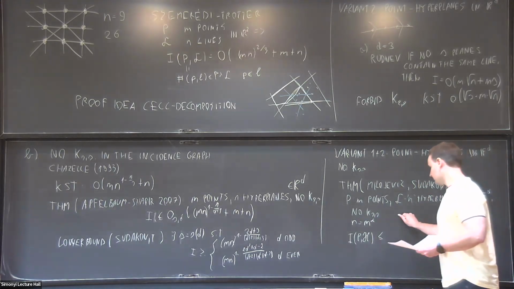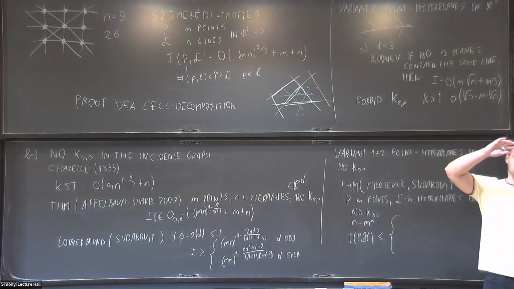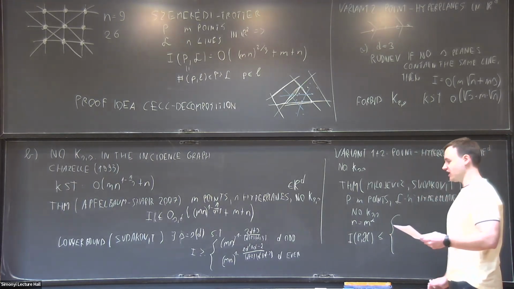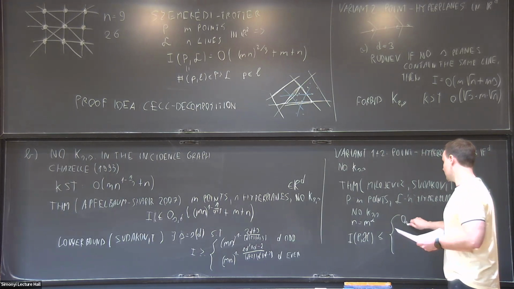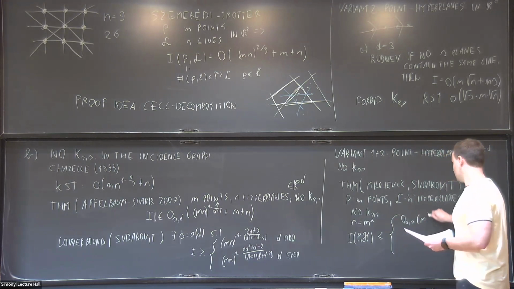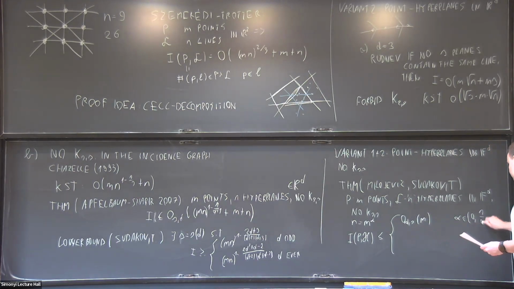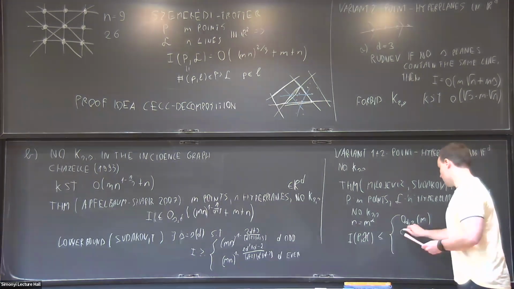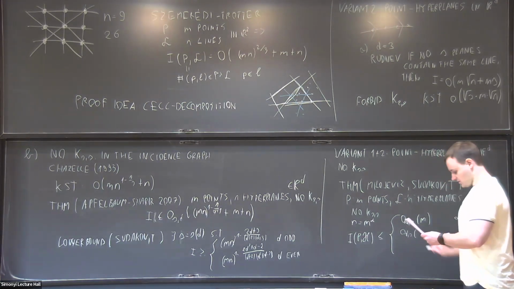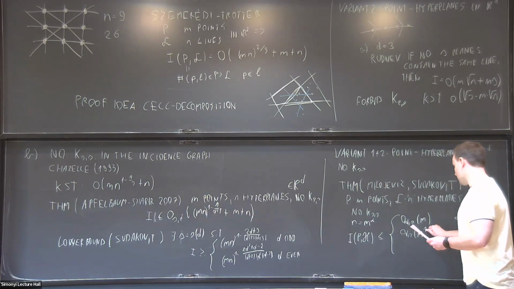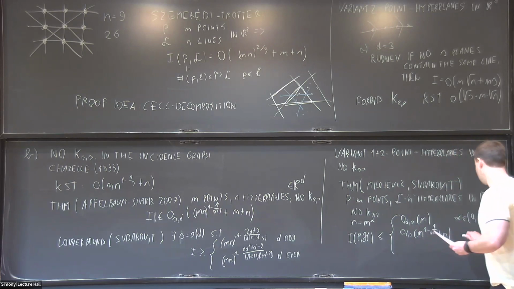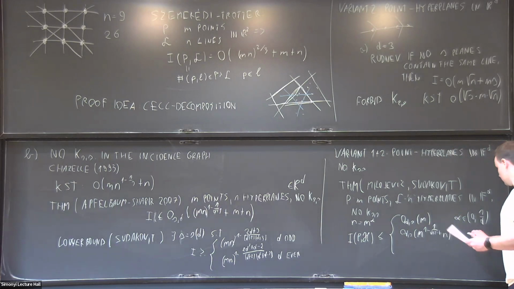So the bound will depend on what this alpha is. So first of all, we get that when we have a very skewed situation, where m is much larger than n, then we have O_{d,s}(m). So this is in case alpha is in the interval 0 to 1 over d. So we have the bound O_{d,s}(m to the 1 minus 1 over (d plus 2 minus t) times m if alpha is in.